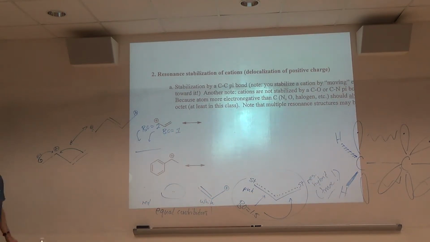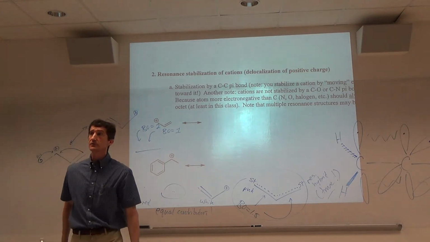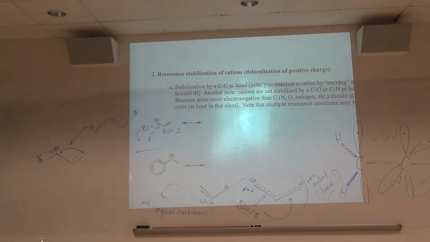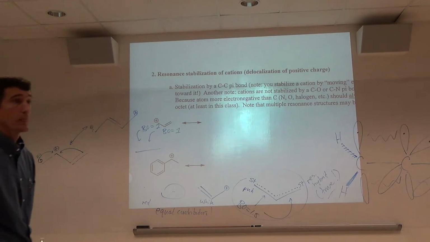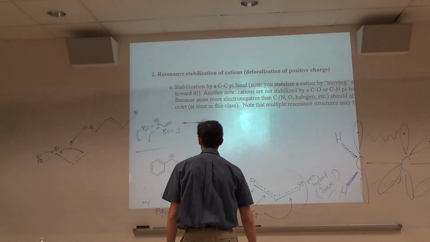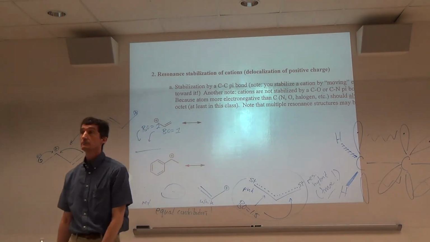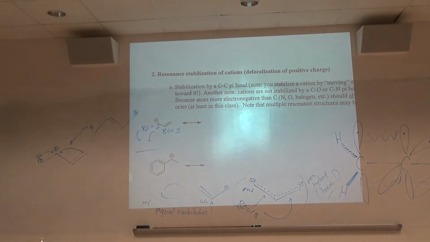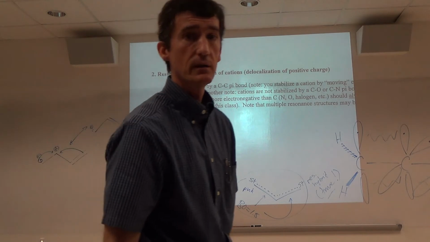Down here, we can draw at least, I think, 3 additional resonance structures. Draw the 3 additional resonance structures down there. I would start with this. How do you stabilize a cation? And remember the windshield wiper. There you go. And use your arrows and do everything with arrow movement.